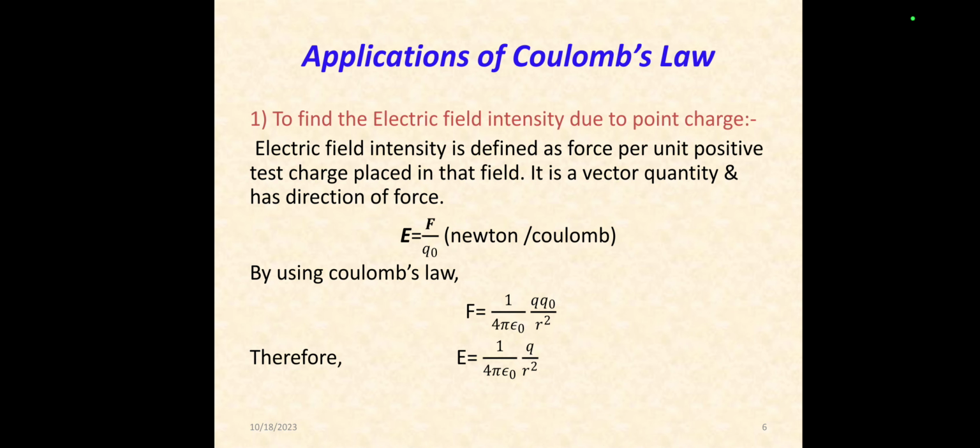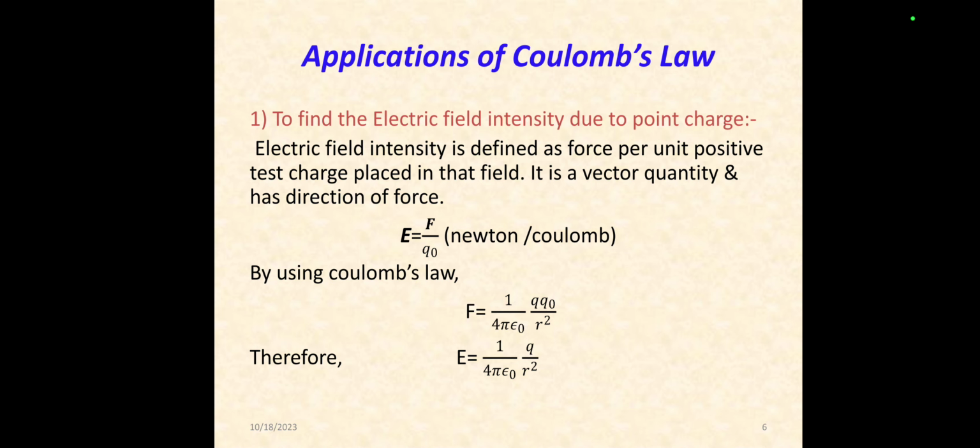So this is the application of Coulomb's law. Coulomb's law is used to find the electric field intensity due to a point charge. Electric field intensity is defined as force per unit positive test charge placed in that field, and it is a vector quantity and has the direction of a force, and it can be written as E is equal to F upon Q naught.